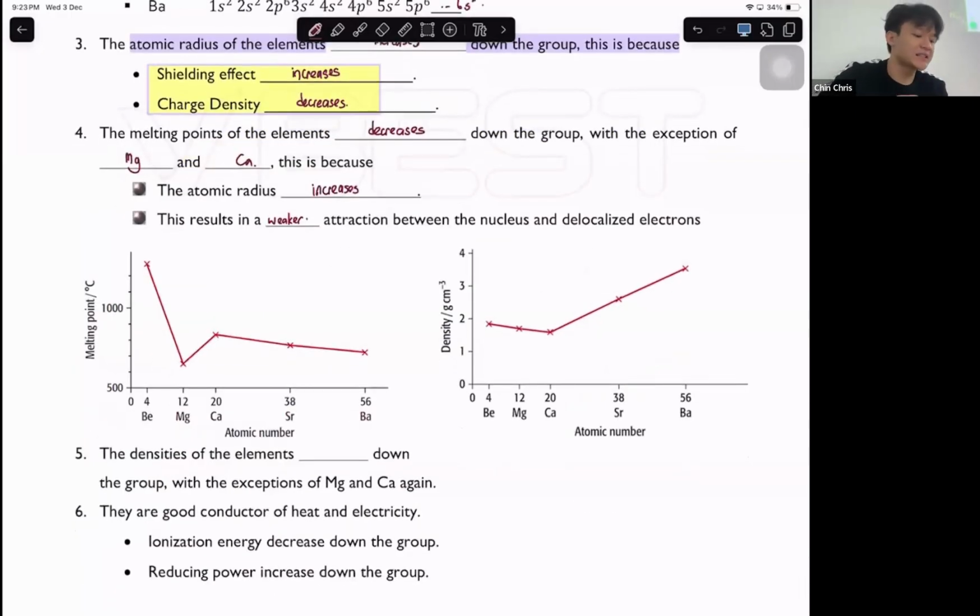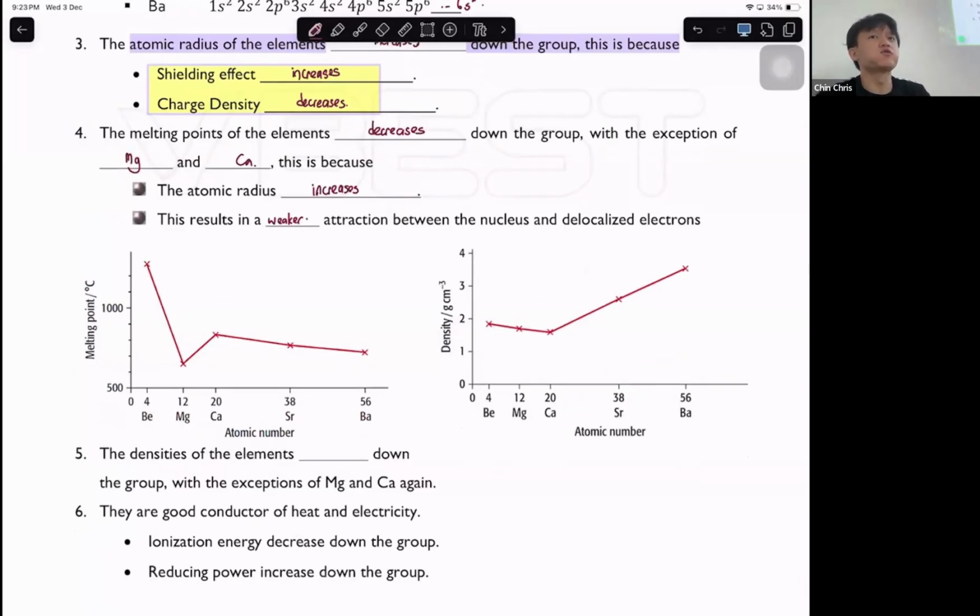All right, guys, what about density? As it goes down, increase or decrease? All right, guys. Physics, what's density? Mass over volume, which means how heavy it is. As it goes down, atomic mass increases. So density? But I thought it has more volume.